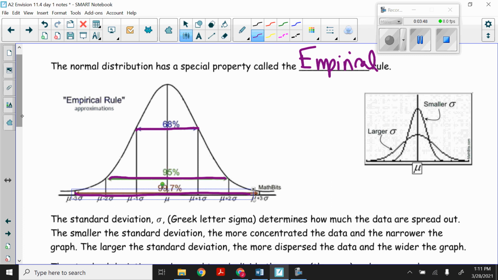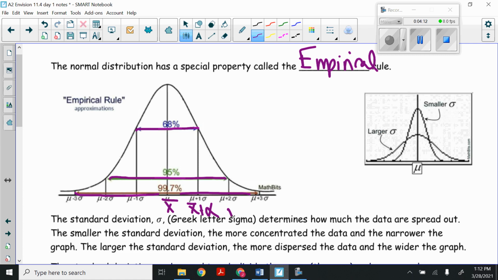So if we look at this, this is going to be our average, okay? So this is our average. And this is within 1 standard deviation above. So this is our average plus 1 standard deviation.